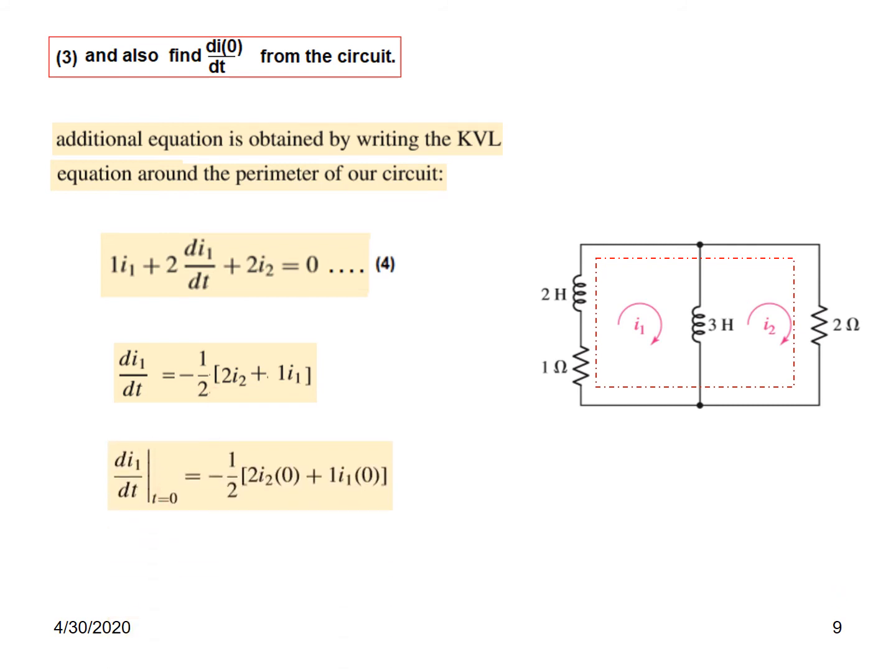So it is half of 2 I0 and this 1 I0. And now plugging in the values of I2(0) and I1(0), it was given in the initial condition that both are equal to 11. So plug in 11 for both. And so from the circuit equation we get the value minus 33 over 2.